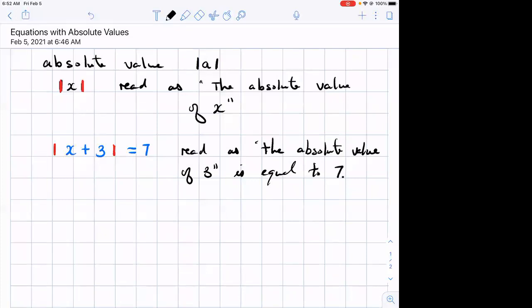Okay, so this is an equation. So just to point out to you what the symbol of the absolute value is.